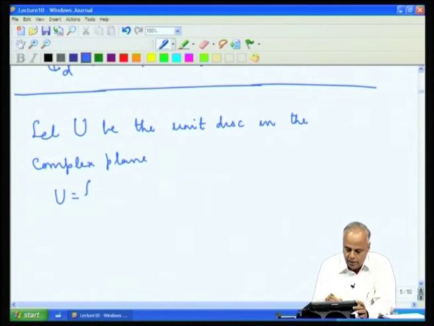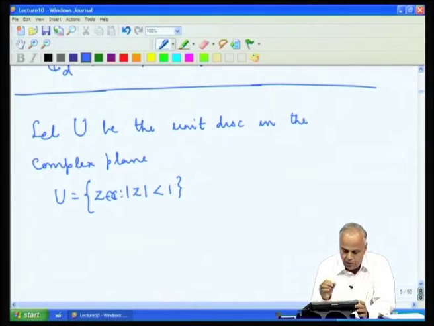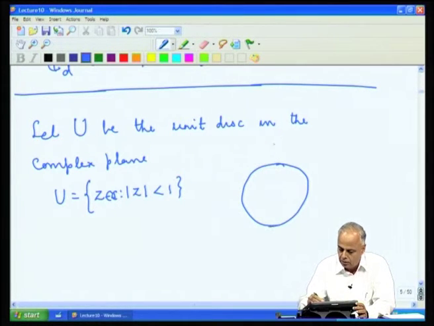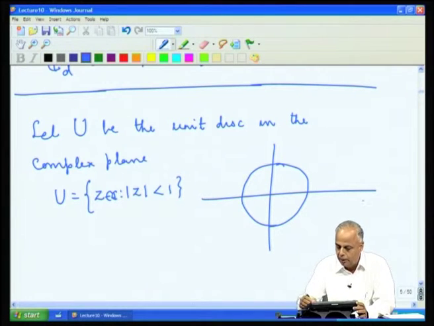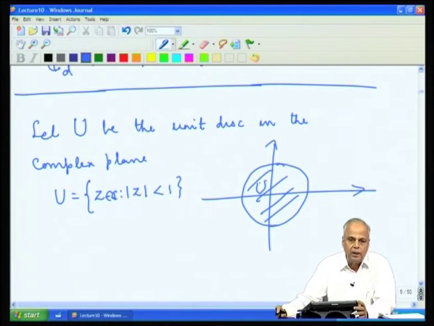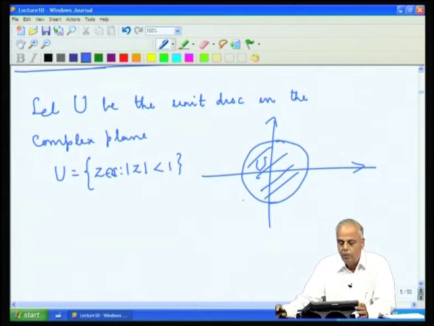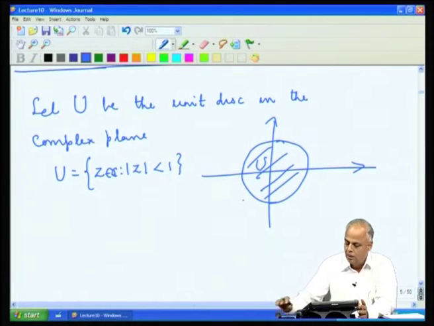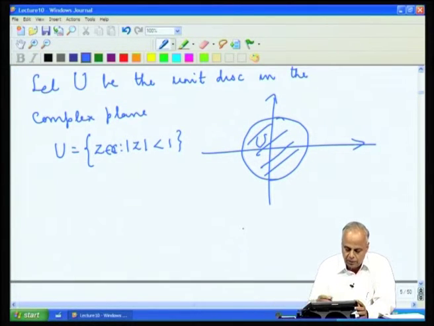U is the collection of all the complex numbers z such that mod z is less than 1. So, you just take the unit circle in the complex plane and look at the interior. That is our unit disk. Take the circle of unit radius about the origin and look at the interior of that circle, and that is called the unit disk.